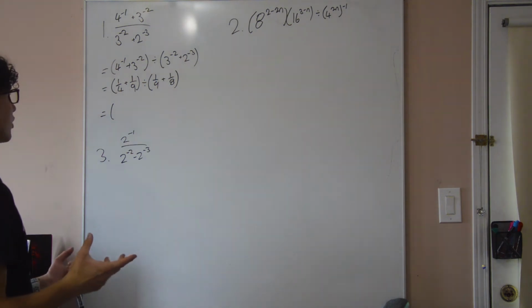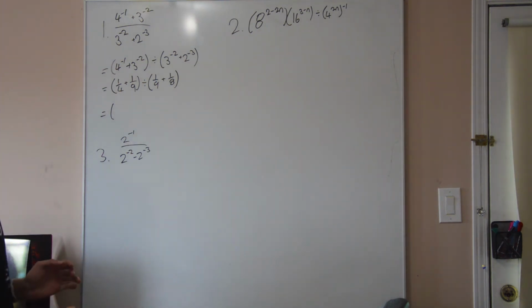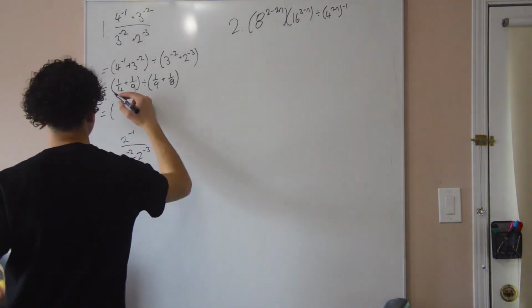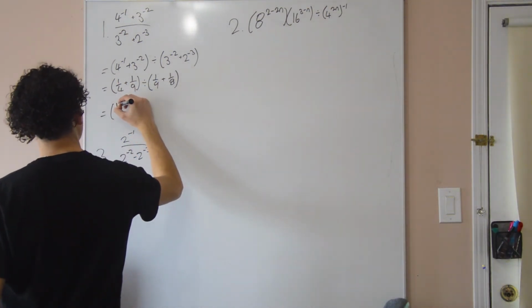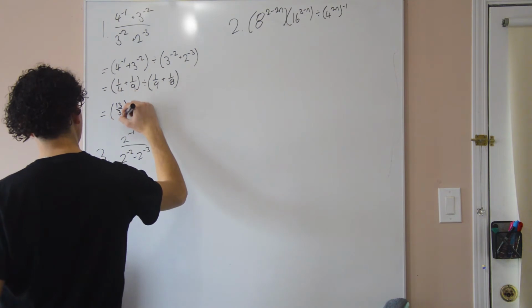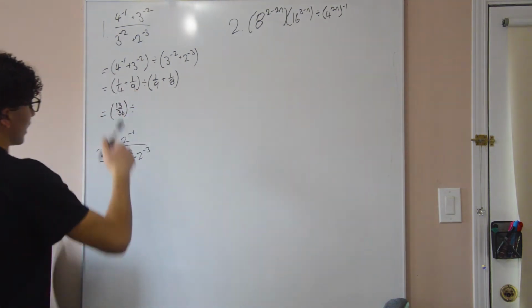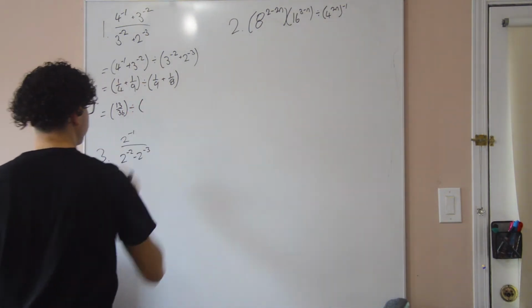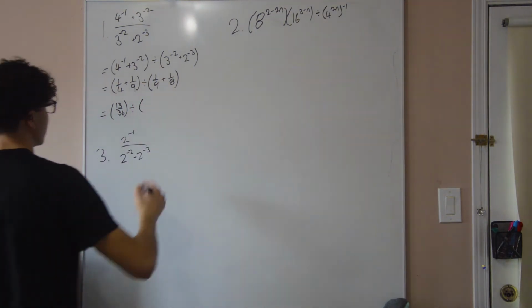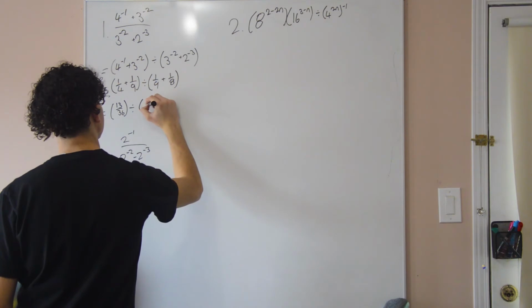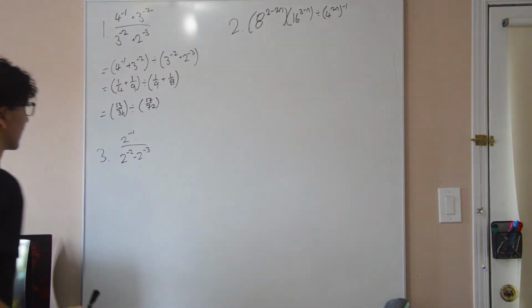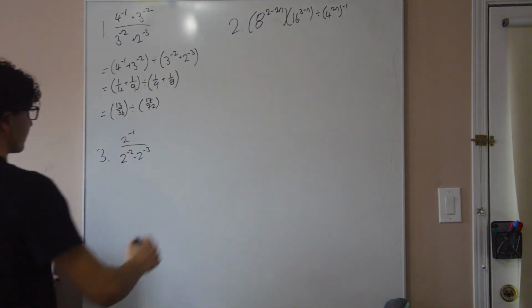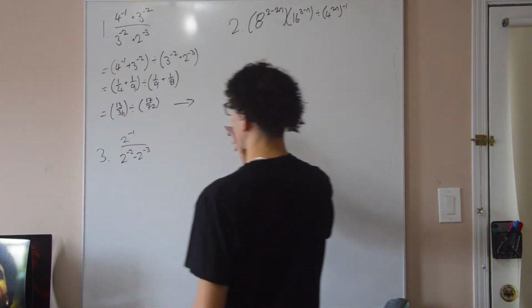Okay. Again, from here, all we're doing is adding fractions, so that would become, let's see, 4 and 9, the lowest common multiple between them is 36. So it will become 9 plus 4, so 13 over 36, divided by, and then 9 and 8 would become 17 over 72, just like that. And then from here, I'm just going to write an arrow.